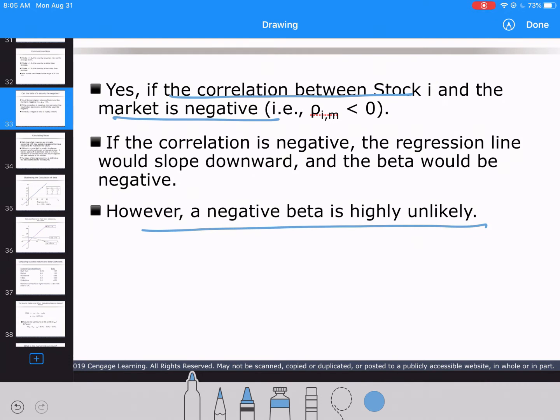Let's say a beta of plus 0.5 and a beta of negative 0.5. They have the same risk, but the sign only indicates the direction of the movement. It is the absolute level of beta that says what the risk level is, and the plus or minus tells which direction it will go.